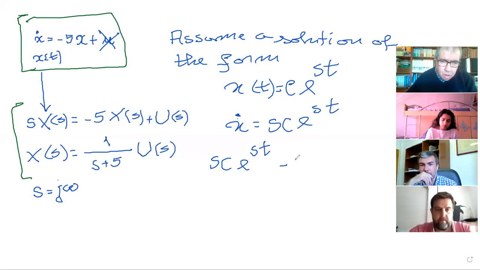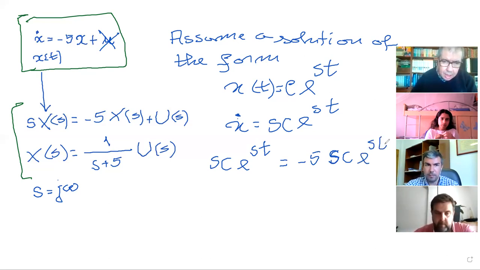s C exponential of st, I could have a u, but it would complicate the computations, equals what? Look at the differential equation. What does it tell you? Minus 5x. So this is minus 5 C and then exponential of st. Why do you have the s?